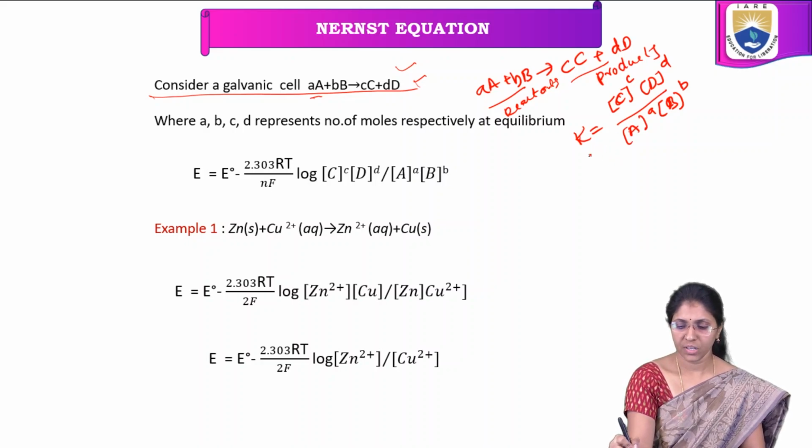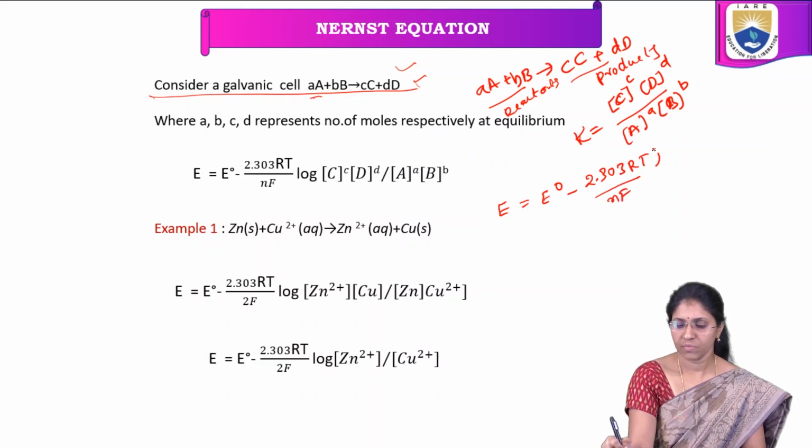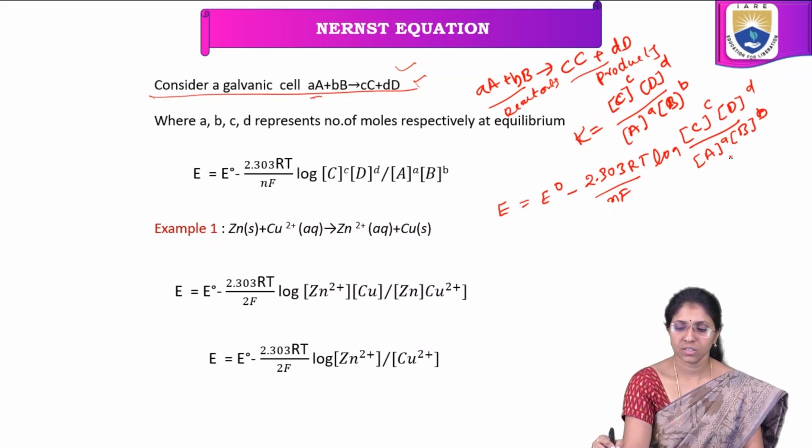By substituting the K value in the Nernst equation, we will get the Nernst formula: E naught minus 2.303 RT by nF log concentration of C to the power c, concentration of D to the power d, by concentration of A to the power a, concentration of B to the power b. This is the Nernst equation for this galvanic cell.